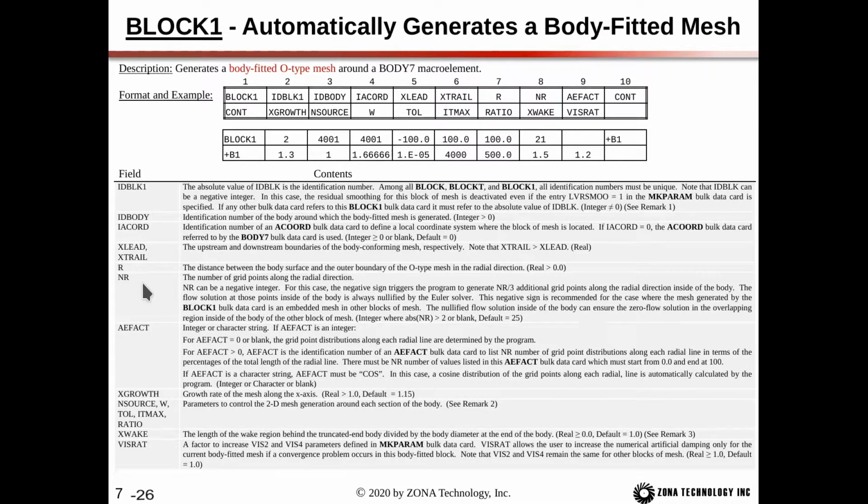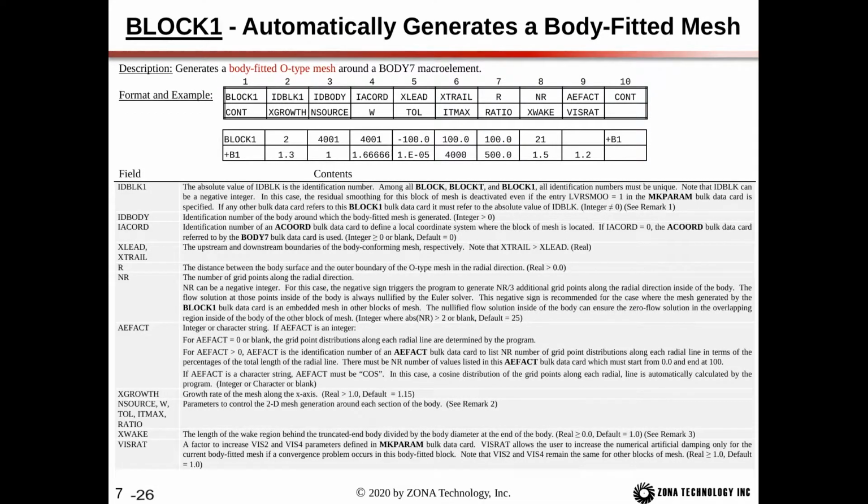NR is the number of grid points along the radial direction, and then NR can be negative, and in this case the program will generate NR divided by 3 additional grid points along the radial direction inside the body. And the flow solution at those points inside the body is set to 0.